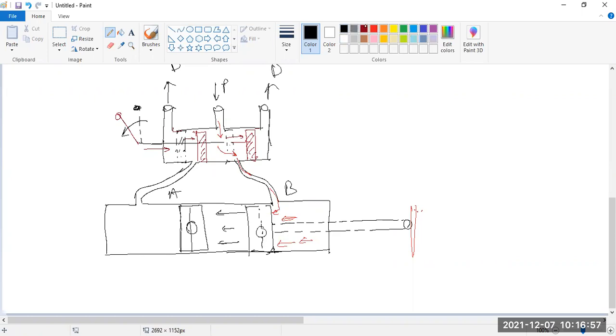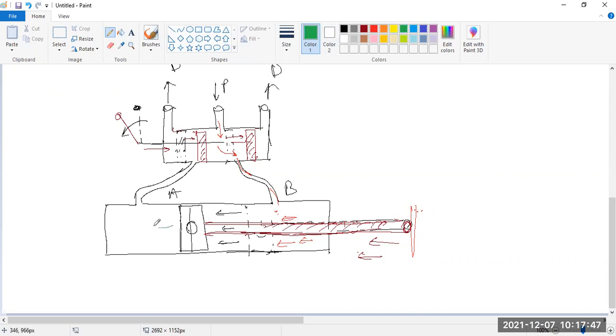So it will come in this side, and your piston will be removed. Now what happens?